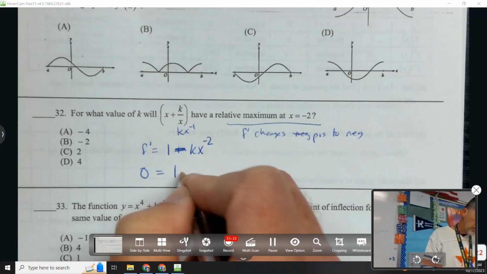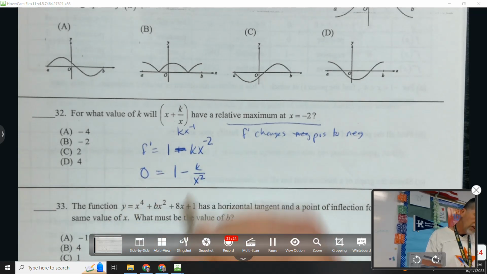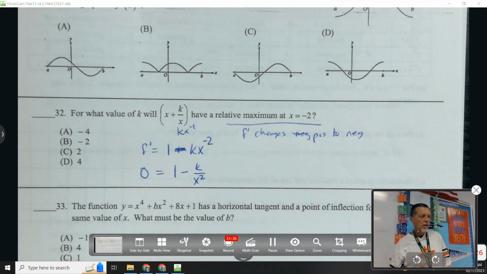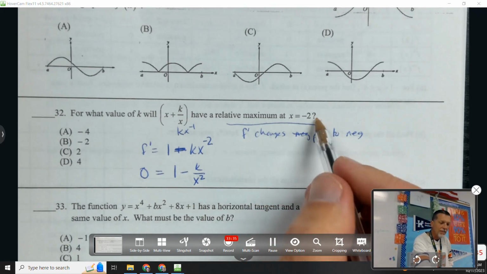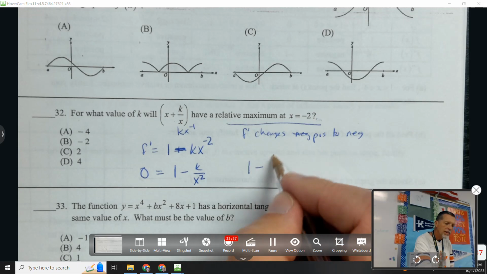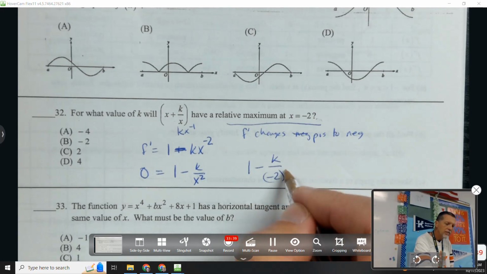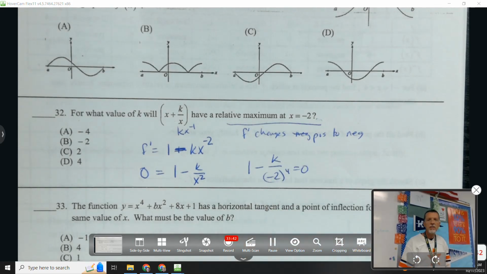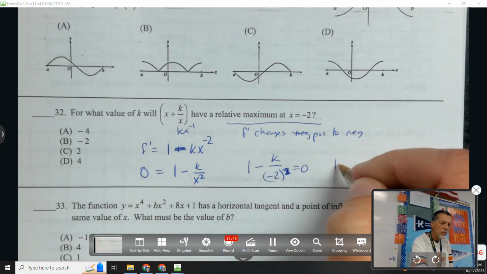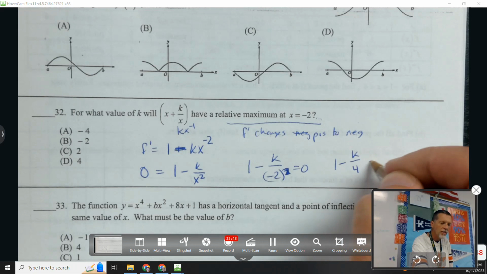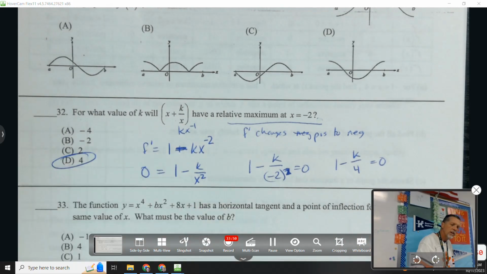And so that's 1 minus k over x squared. And if I want that to equal 0, then at negative 2, 1 minus k over 4 equals 0. So 1 minus k over 4. K's got to be 4 for that to work.